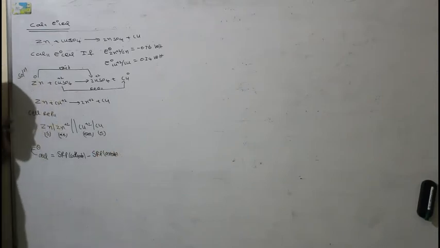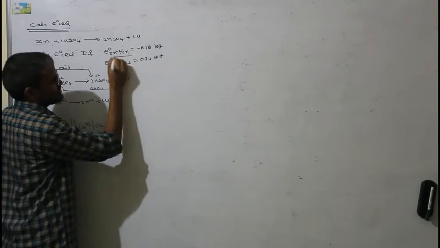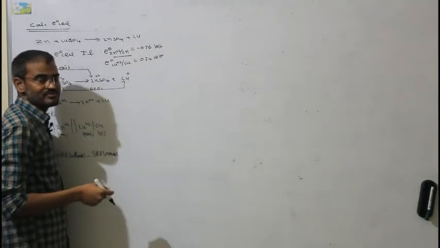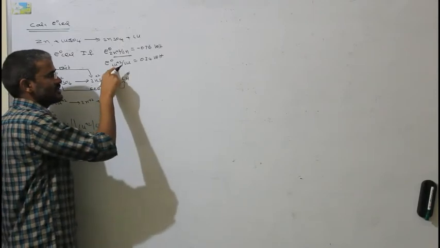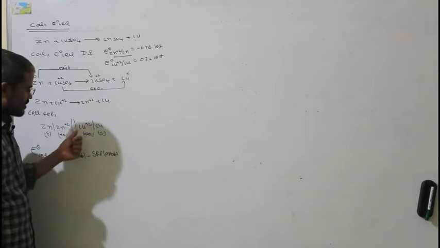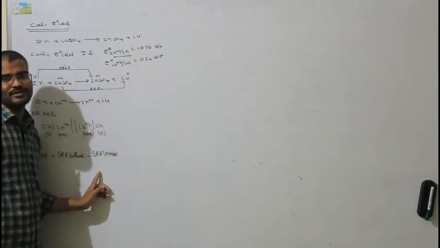With this only we will do first. Look at the given data: Zn plus 2 to Zn, I have given the reduction potential value. Cu plus 2 to Cu is also reduction, reduction potential value. So anode and cathode reduction potential values are given, so I am using this formula.